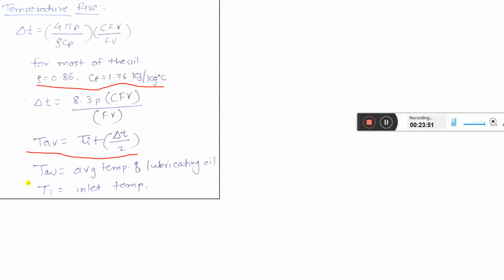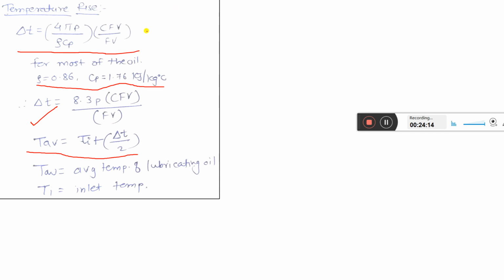Then one more thing, if these two values are not provided, then we can use this formula directly, 8.3 P Cfp upon Fp. But if values like rho and Cp are provided, we have to use the other formula. You don't bother about the derivation of this formula.